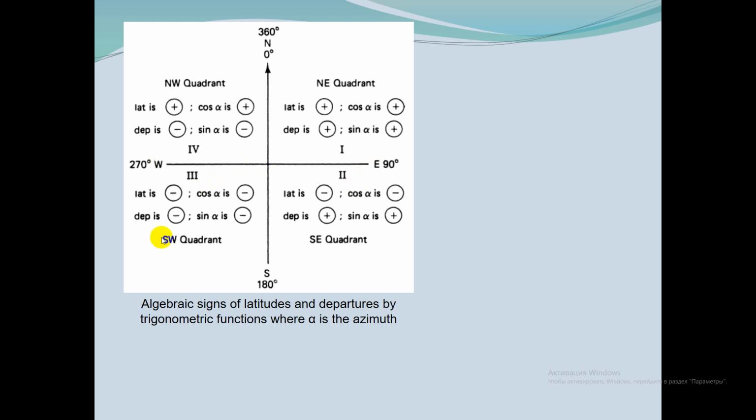Here, latitude is minus, cosine minus, departure is minus, sine is minus. So these are the algebraic signs of latitude and departure by trigonometric functions, where alpha is the azimuth.